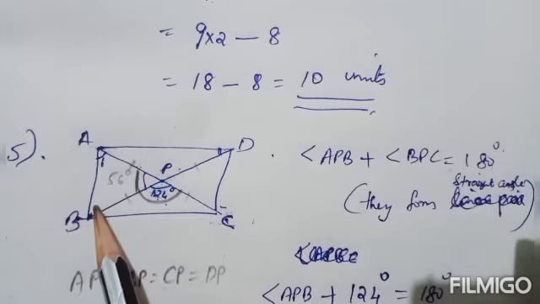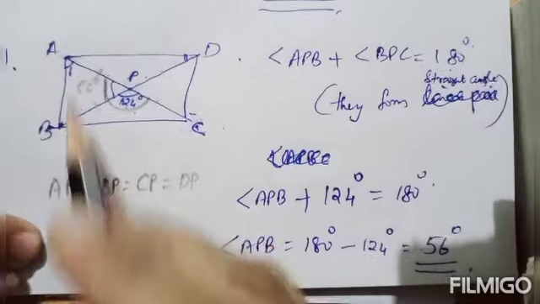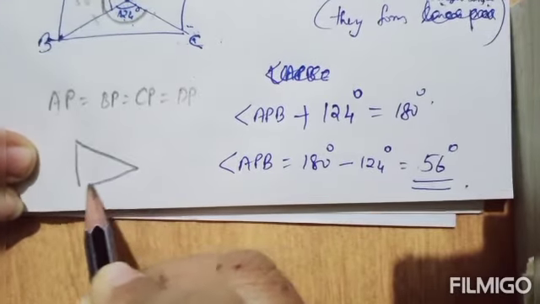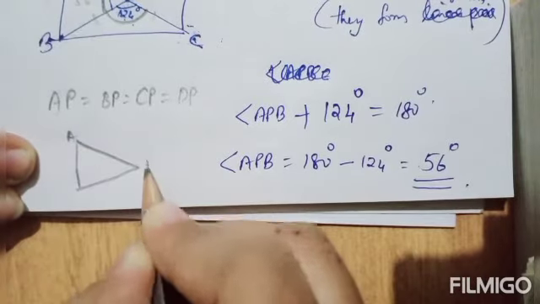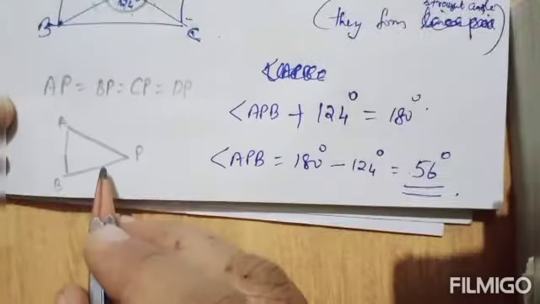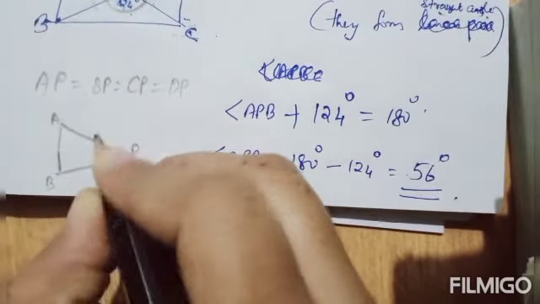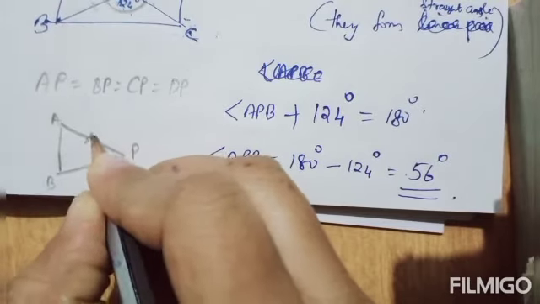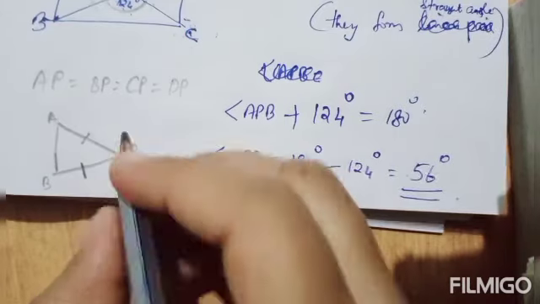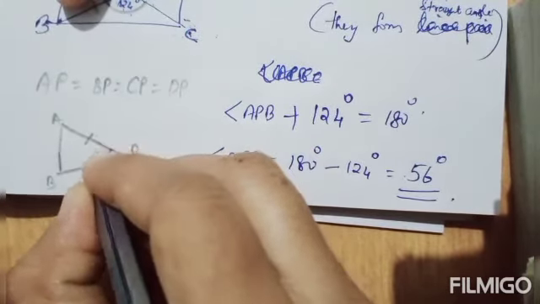And you know the property of isosceles triangle. So let us draw this isosceles triangle here. This is triangle APB. In this isosceles triangle, side AP is equal to side BP, and this angle we got as 56 degree.